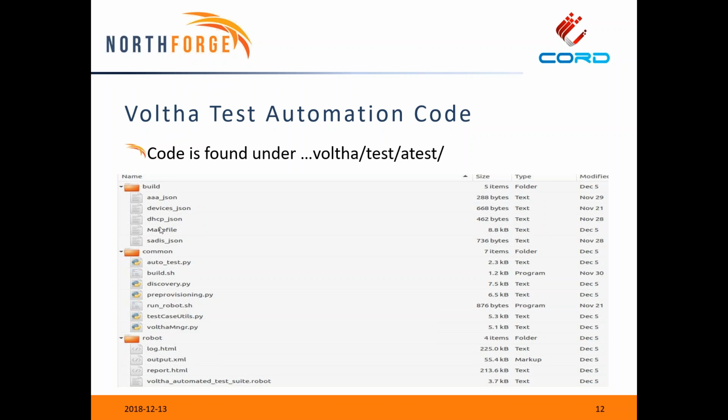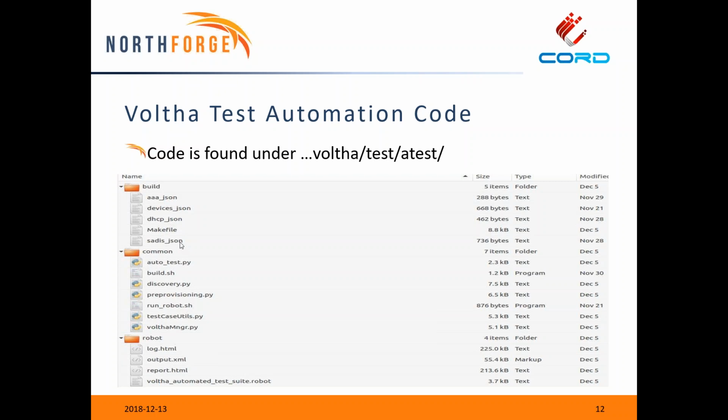Then under builds, what's most important is the makefile. That's the one that we inherited from CBA in a box, and that we've adapted for our automated testing. And then there's a few JSON files.